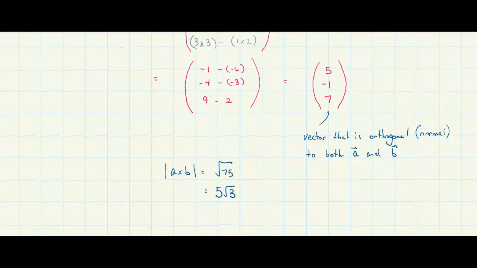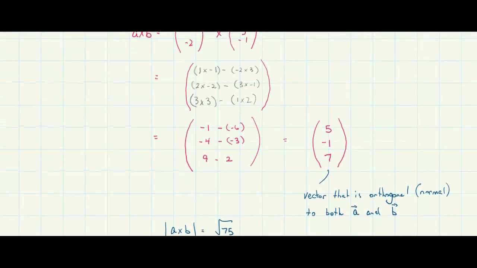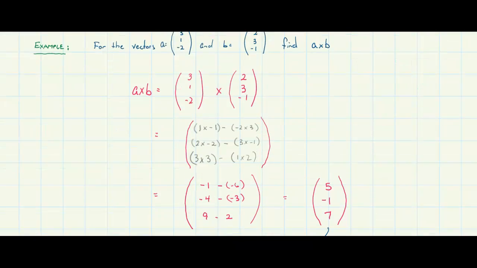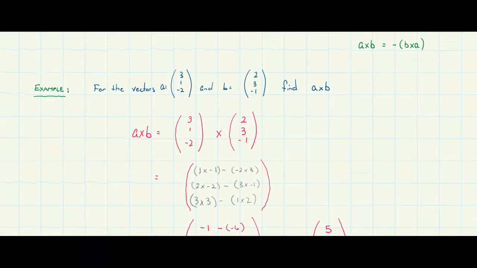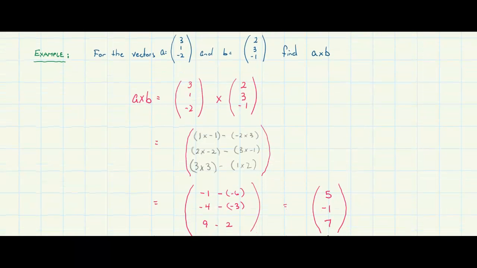Now, is there anything else I need to go through with you? If this is true, we've got a vector here that's orthogonal to A and B. So what that should mean is I should be able to take this vector and dot it with either A or B, and I should get, what should I get?